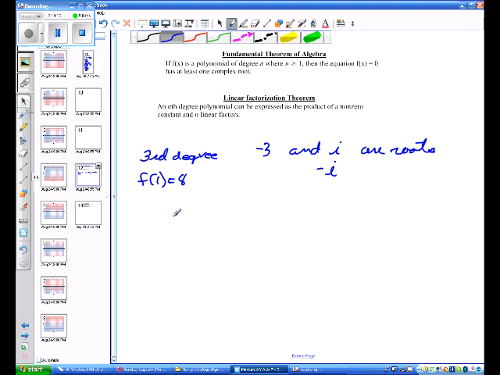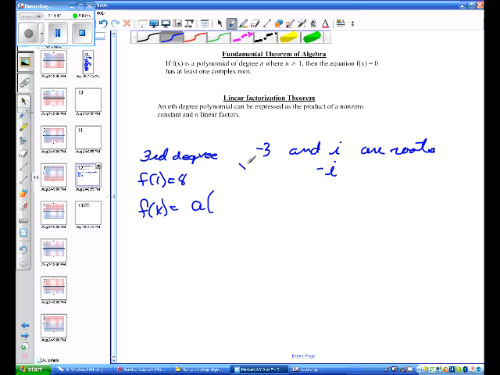Now what we don't know is how wide this opens. We can have a lot of equations that cross the x-axis at the same places but open at different rates. So what we're going to look at then is we can write this as f of x is equal to a, that's your non-zero constant, times these linear factors.